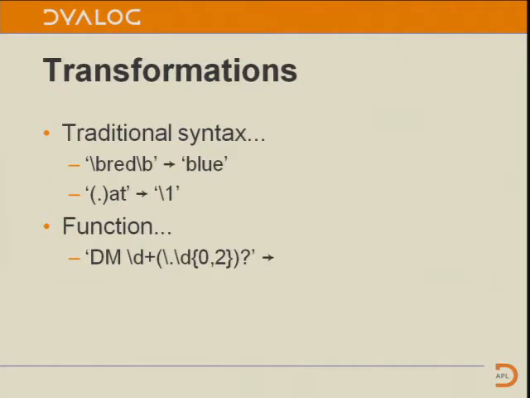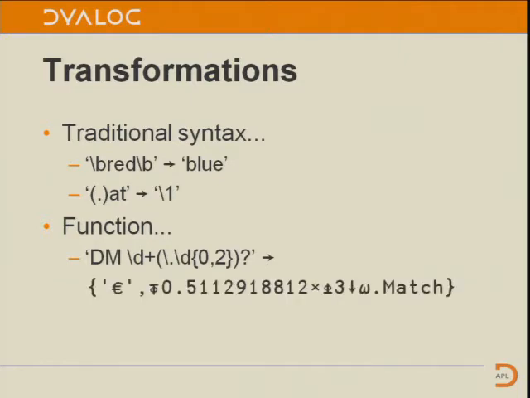And once we found it, why don't we do that transformation? So it's a defun. You've seen what those are from the previous presentation. Don't think too hard about omega.match at the moment, but that is the text it matched. Whatever matched that original pattern comes into this defun as omega.match. If we drop the first 3 characters, we're dropping the DM space, so we're just left with the numeric part.